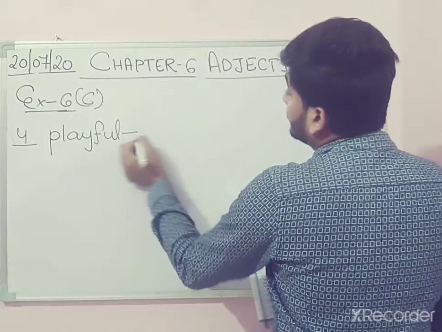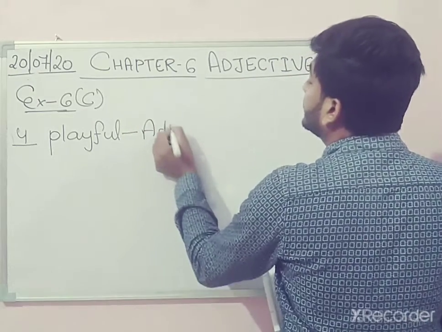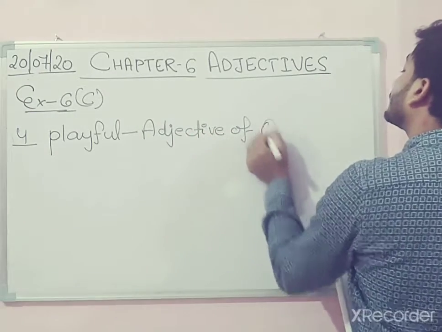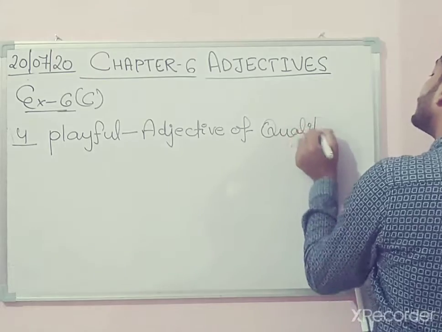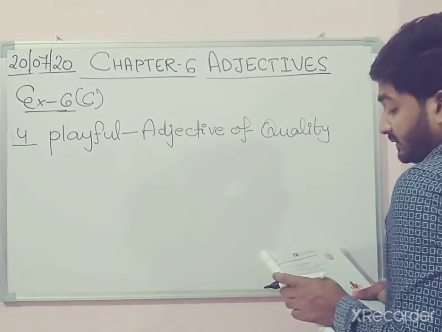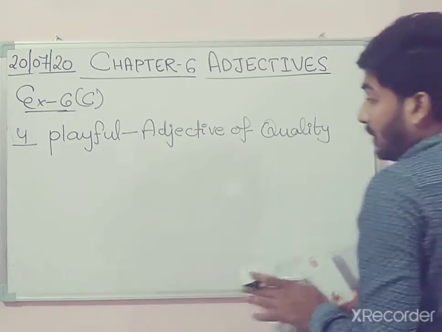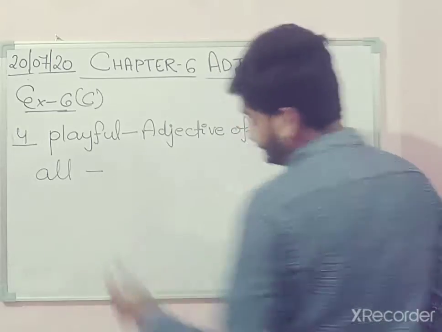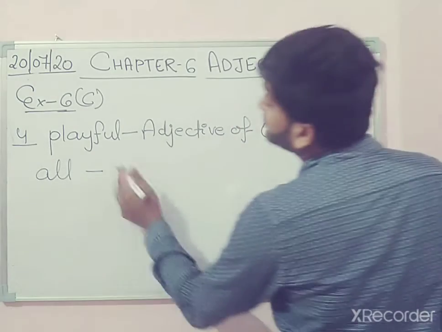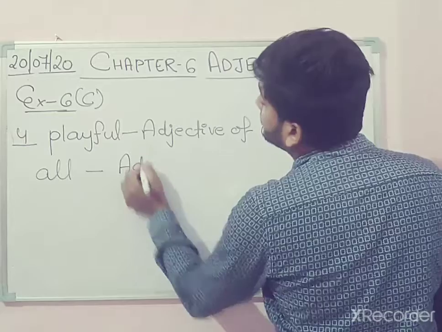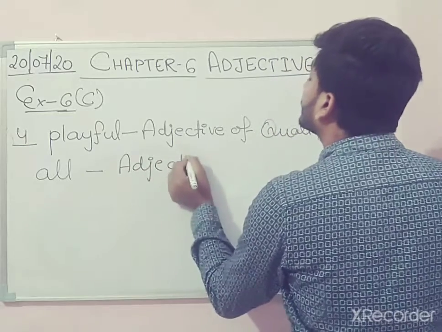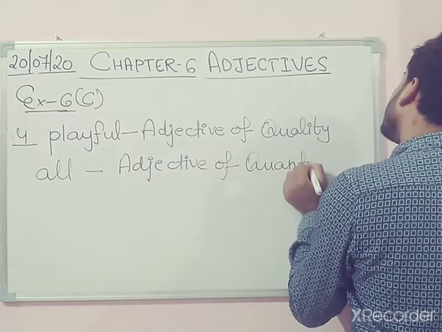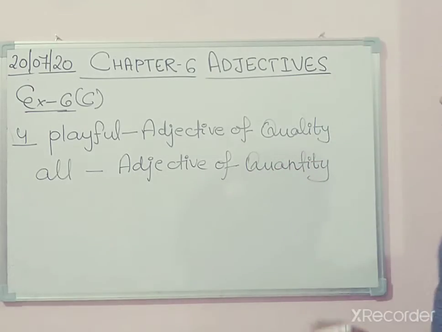That's mean adjective of quality. Adjective of quality. Playful kitten was entangled in all the wool. How much wool? All the wool. So all the wool, that's mean adjective of quantity, because we cannot count wool.